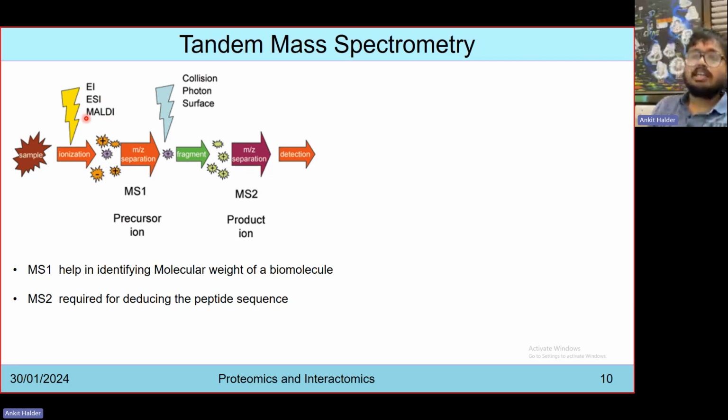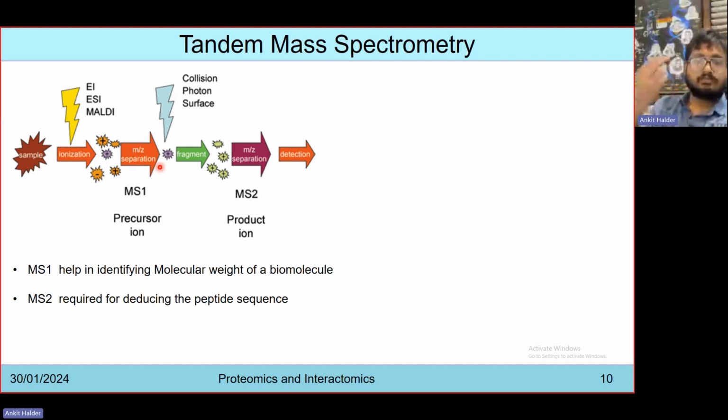So once you ionize using ESI, you get the ions, you do the m/z separation, then you do a collision, breaking and fragmenting the ions, and then you are finally detecting them. So the major thing is that if you do just one ionization and get the result, that can give us some understanding.